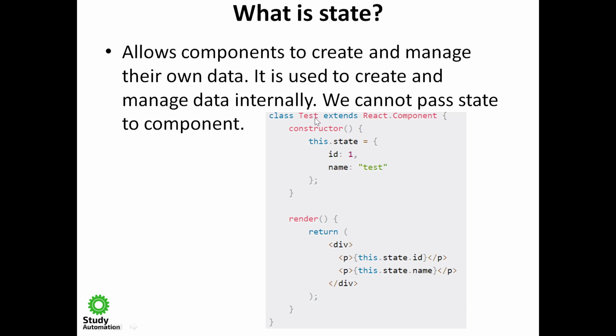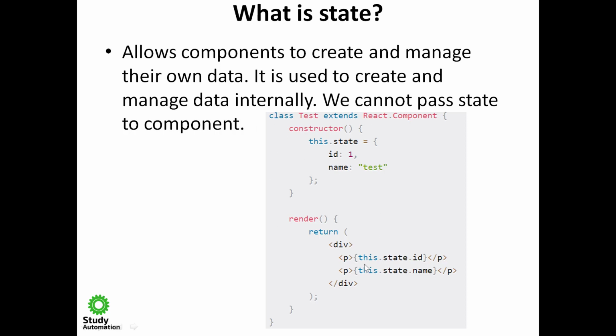Here we can see we have one class, Test. We have added a state, and the default values are id and name. Now when we use this state in the return statement, we have a div and then this.state.id. Whatever you have set here, you can use, and these two fields you can use inside the class only.